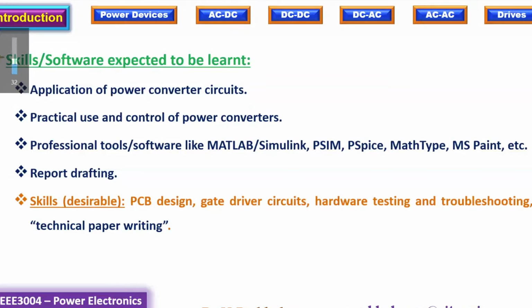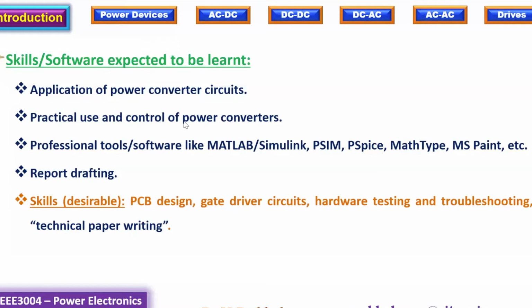Very broadly speaking, there are 4 power conversions that are possible depending on the input and output power requirements. So that application part you will learn. That is a skill which you will acquire after you undergo this course.